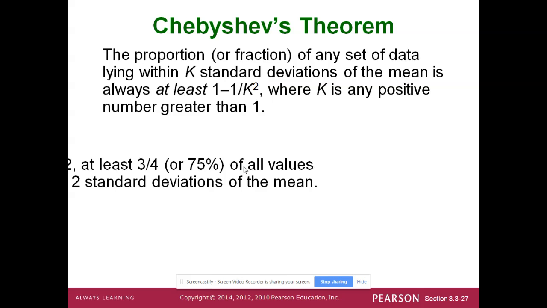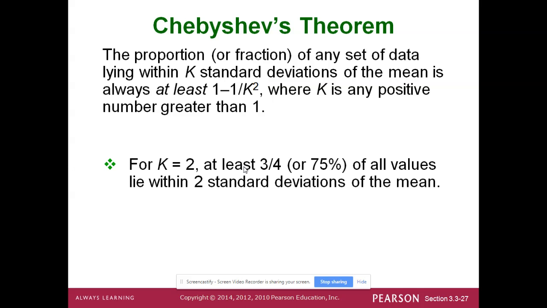There we go. For k equaling 2, at least 3/4, because 1 minus 1 over 2 squared would be 1 minus 1/4. 4 over 4 minus 1 over 4 is 3 over 4.